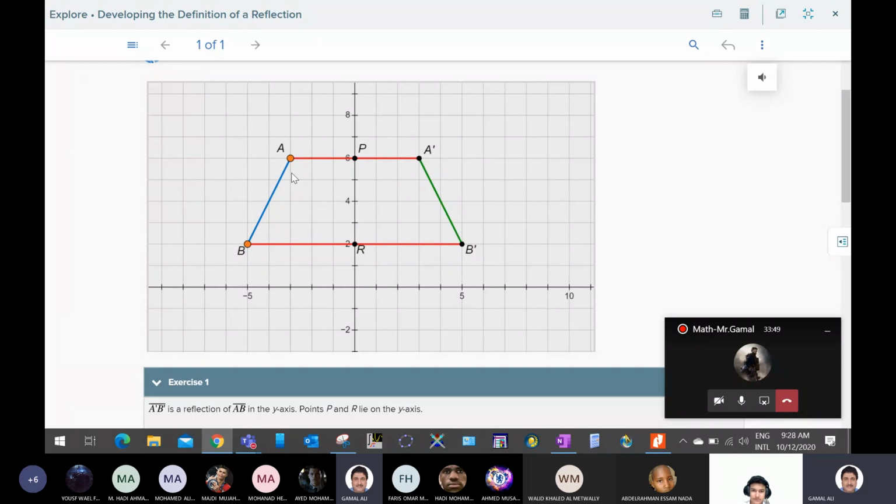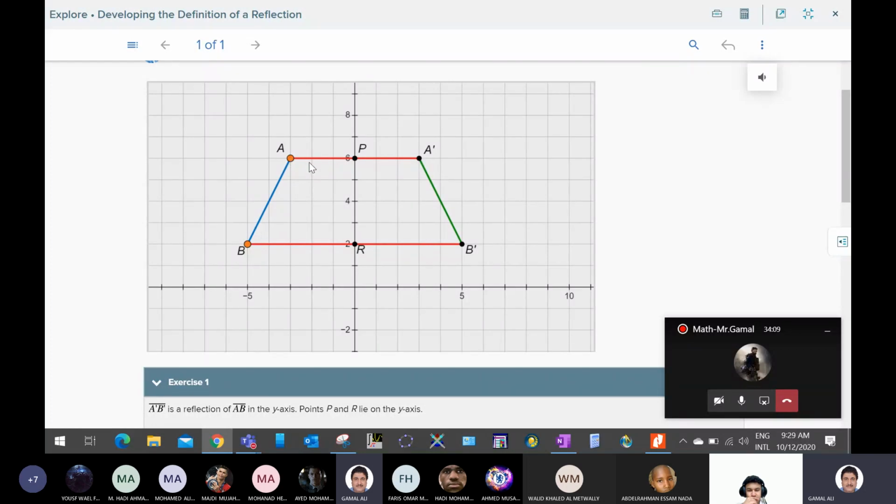If you want to find the image of AB by using the reflection on the y-axis, it is easy. Use the ruler and make a line perpendicular to the line of reflection, then extend it by the same distance. Here, this is the image, A dash.